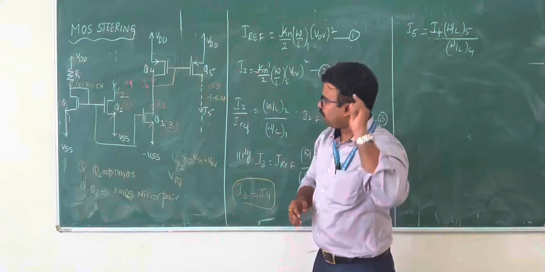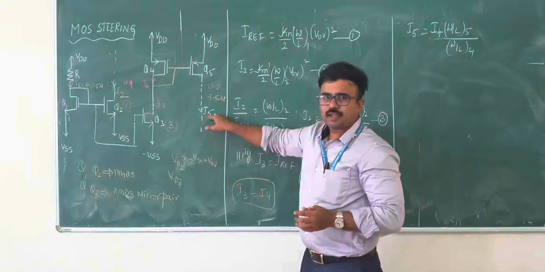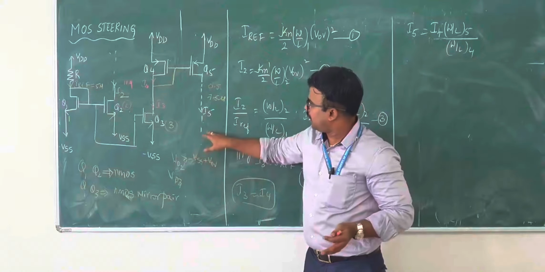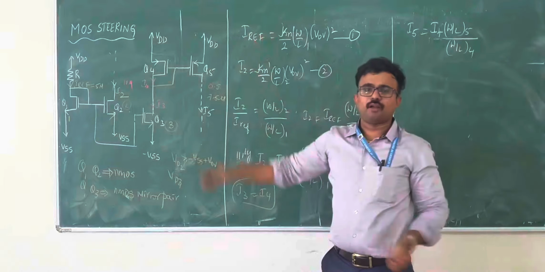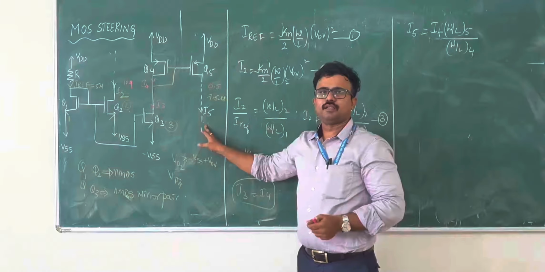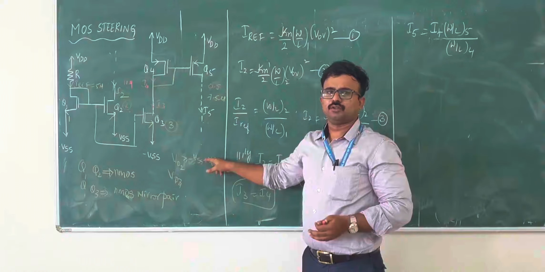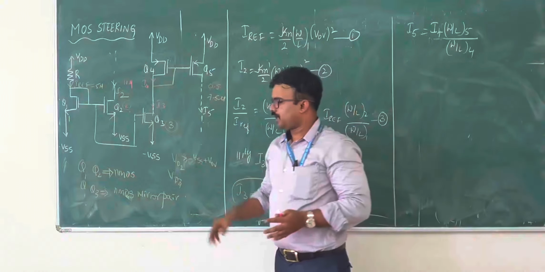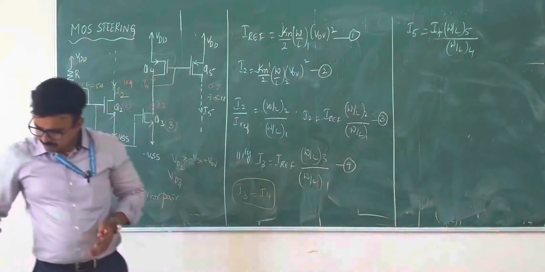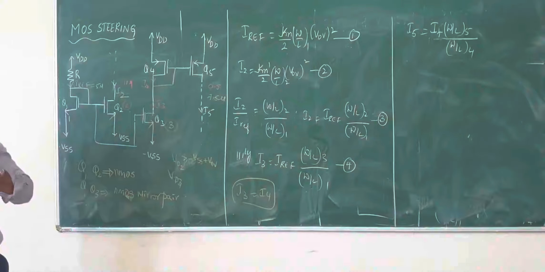And one last point to be noted down here, this I5 can be given to any other part. Dotted line indicates it is connected to any other part of the circuit. Depending on the application, the I5 current can be used as a source current.